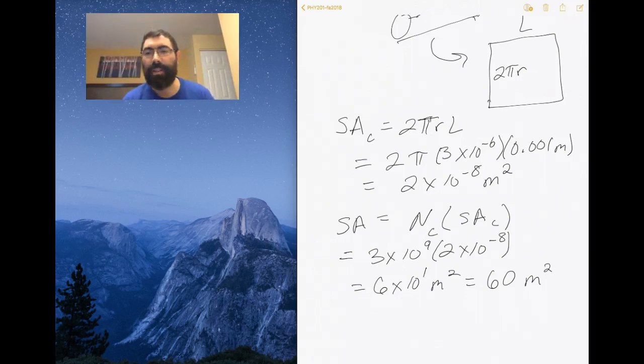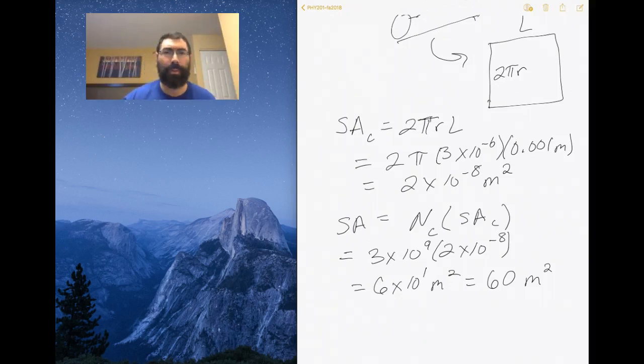So that's pretty good. A meter squared is approximately 3 feet by 3 feet, so you're talking about 9 square feet, and somewhere around 540 square feet.